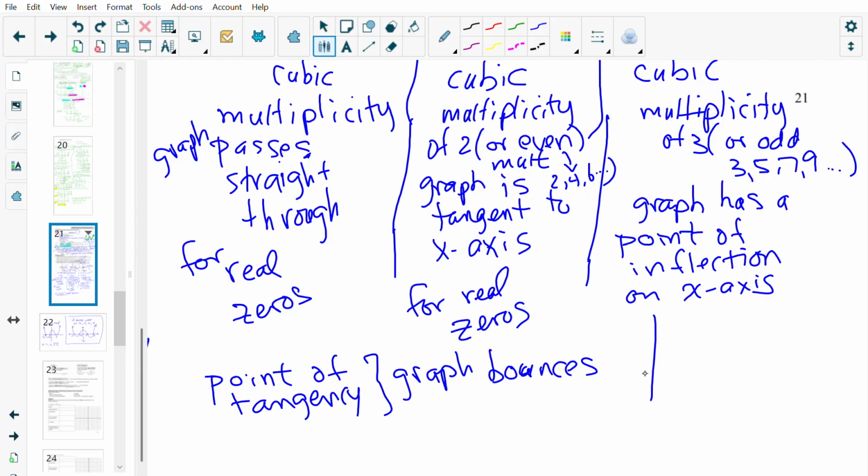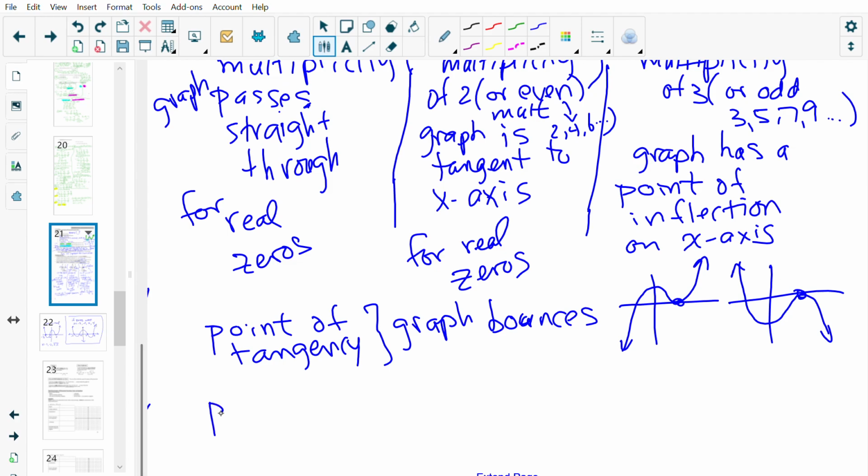And it could bounce up or down. So if it's coming from the top, it can bounce up, or if it's coming from the bottom, it can bounce down. Okay, so that's the bounce thing, point of tangency.